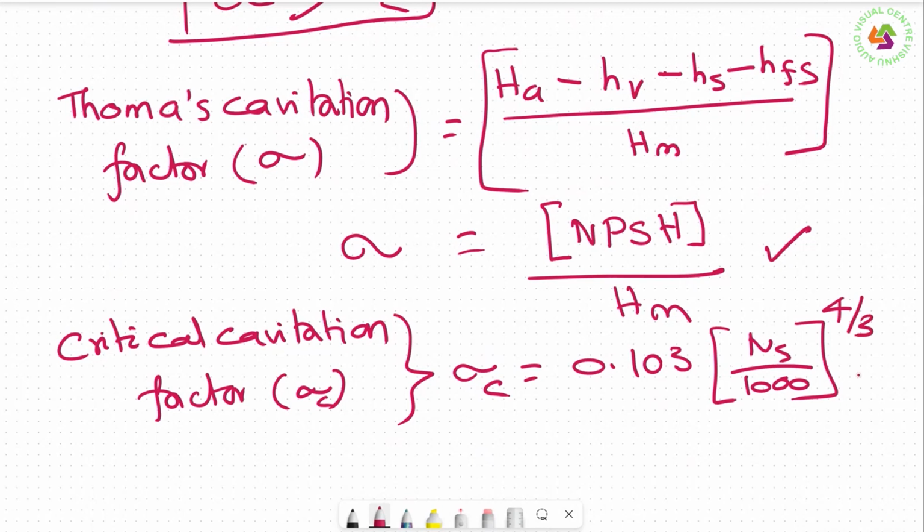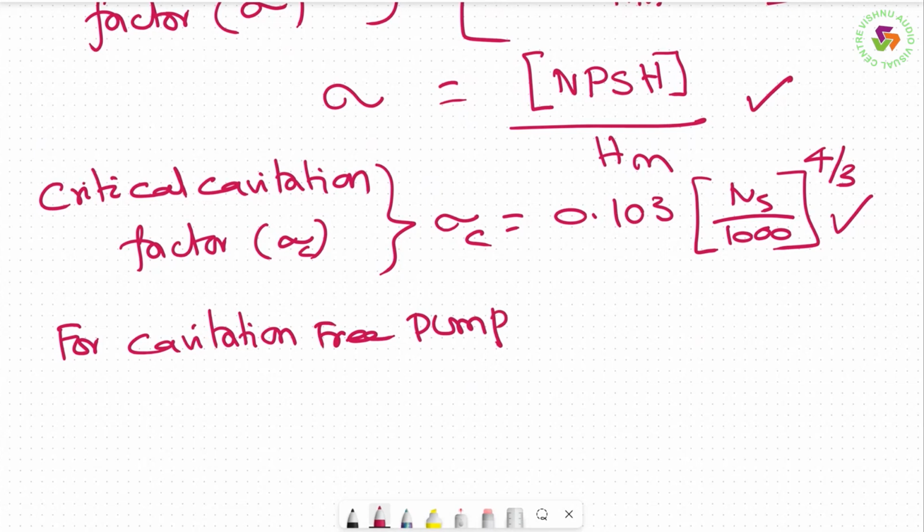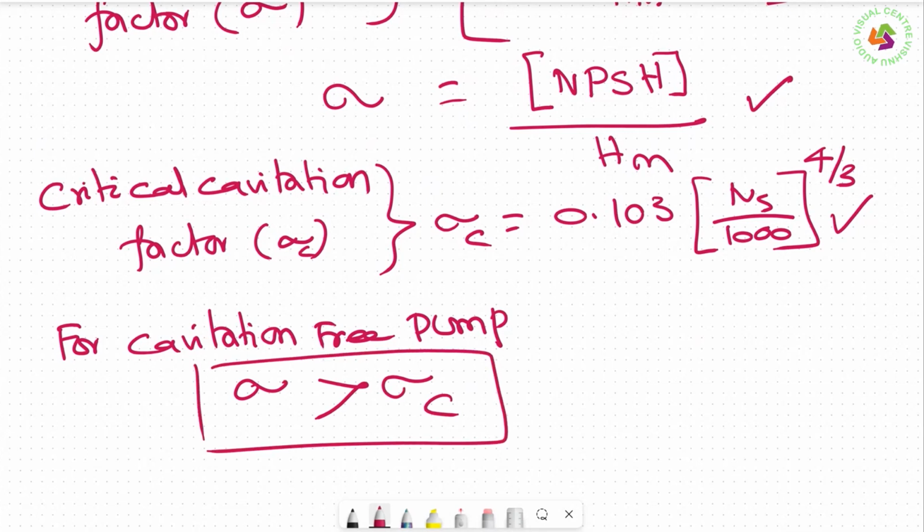This is the equation for the critical cavitation factor. So for a cavitation-free pump, what is the condition? The Thoma cavitation factor sigma should always be greater than the critical cavitation factor.